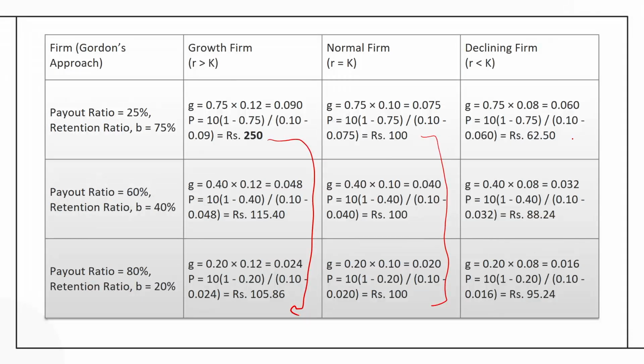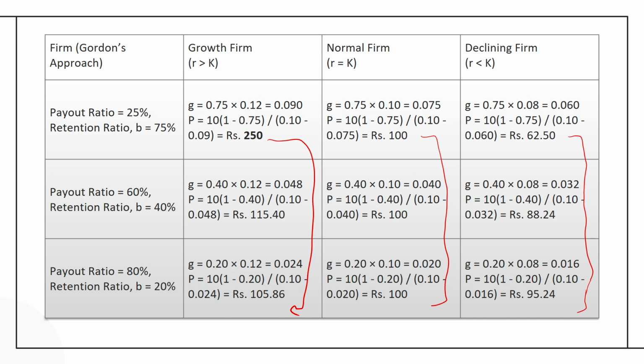But for a declining firm, yes, the optimum ratio has to be decided carefully by the management, because the value we can see has increased from 62.50 to 95.24.